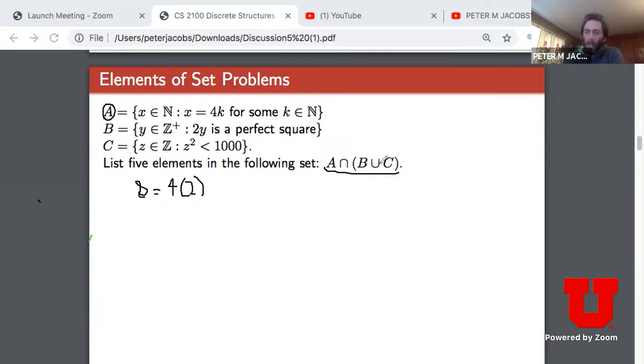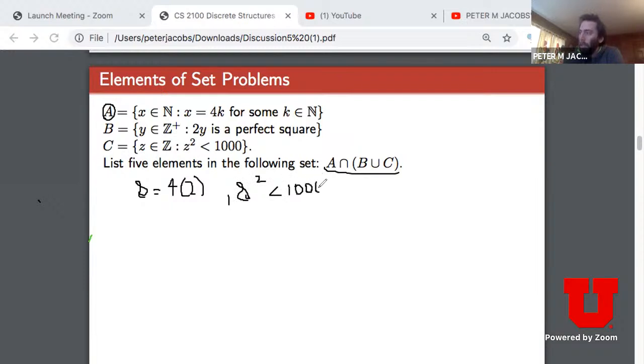So it either needs to be in B or C. So we can just check one of them. That would be sufficient. And so we can just check C, for example, and we see that 8 squared is 64, which is clearly smaller than 1,000.